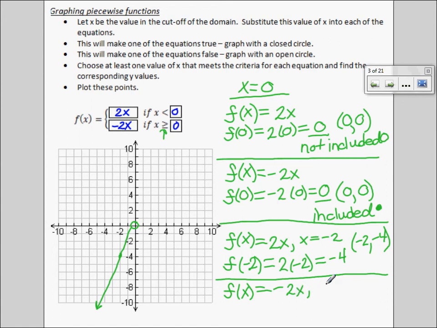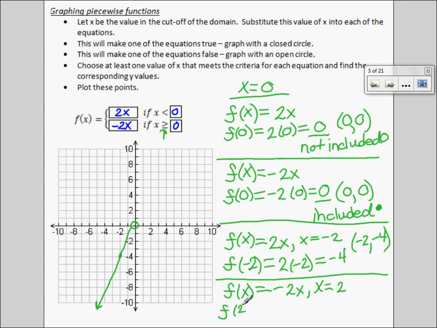So in this case, I would find a point that is greater than or equal to 0. And I would probably not want to choose 0 because we did that before and we just get the point 0, 0. So let's say x is equal to 2, because 2 is greater than 0.